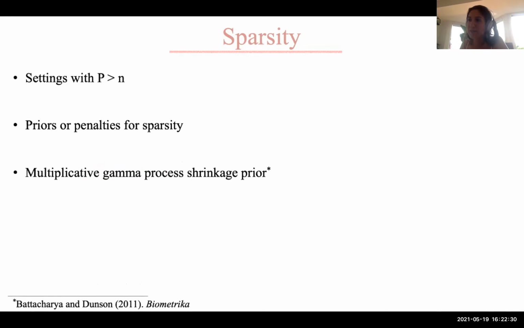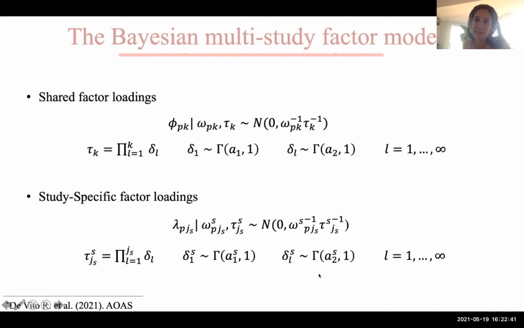We will use the multiplicative gamma process shrinkage prior from Bhattacharya and Dunson. Let me explain a little bit how this prior works. We are putting this normal distribution on each element of the common factor loadings. In this way, we increase the sparsity as the column index increases.